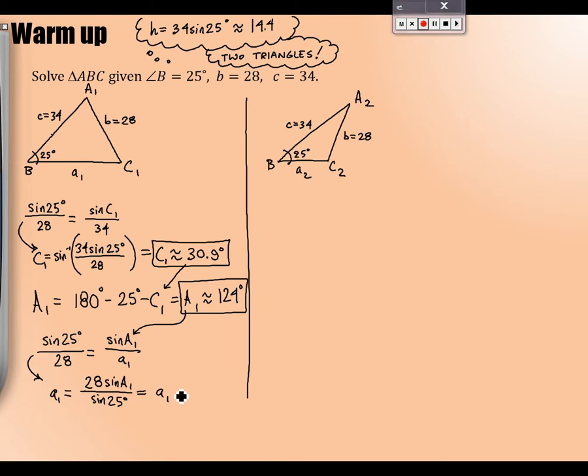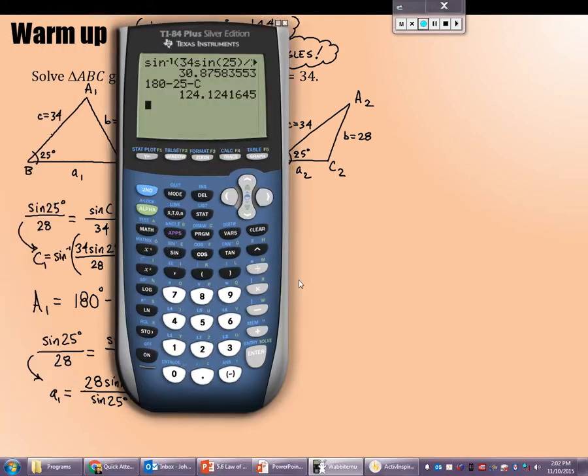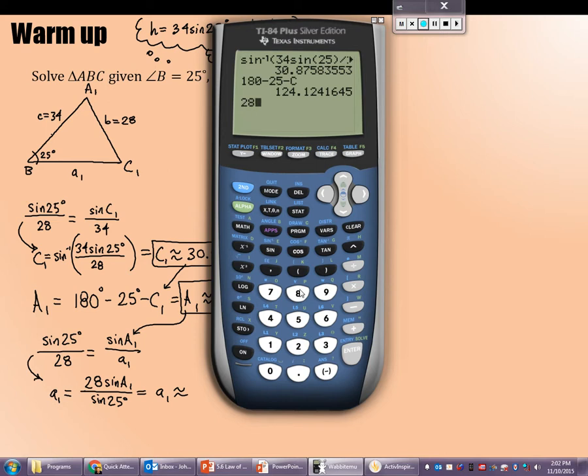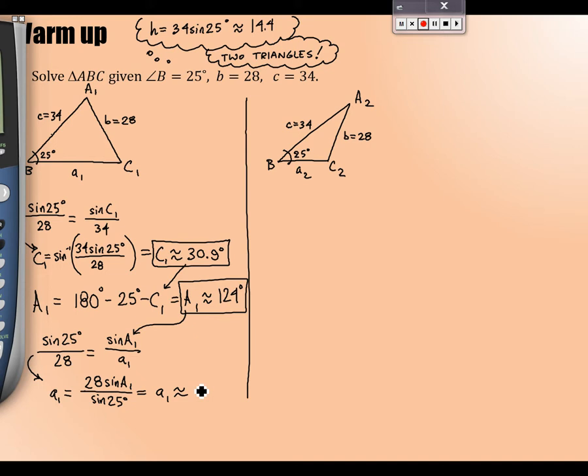So a1 is approximately equal to 28 sine of the thing we just typed in. Again, don't type in 124, divided by sine 25 gives us 54.8. And again, let's make sure that all 3 of these answers are exactly what you have. Okay? So far, so good? We've just solved the first triangle.